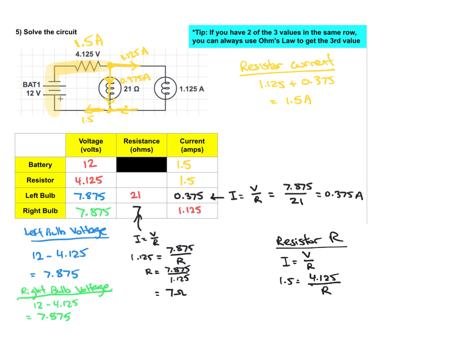To get that something, you can do 4.125 divided by 1.5. I'll get that in the calculator. And that gives me 2.75. And that is my last value. That completes the solving of this circuit.